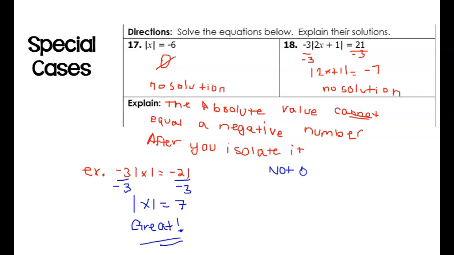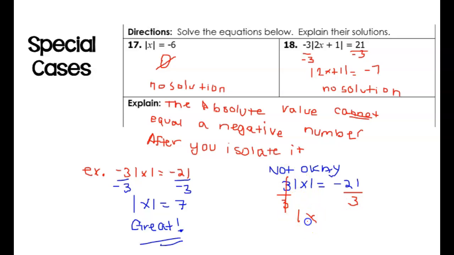This is good. But this is not okay. If I was to give you this, 3 times the absolute value of x equals -21, of course, you would need to isolate it first. Okay, so you would isolate it, divide by 3, divide by 3. But look what happens.